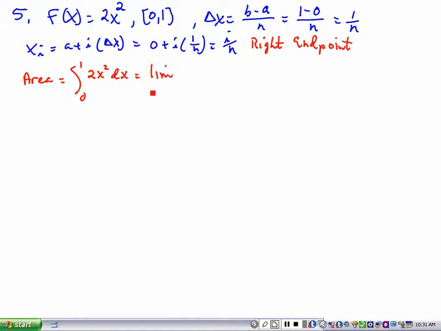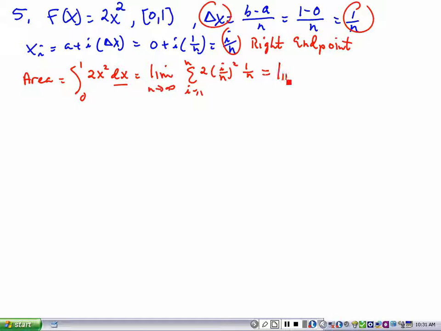So this is the limit, as n goes to infinity, of the summation as i goes from 1 to n of the function 2 times x squared, but x is determined by i over n, squared, times delta x. Delta x represents dx. Delta x is this, so that's times 1 over n.